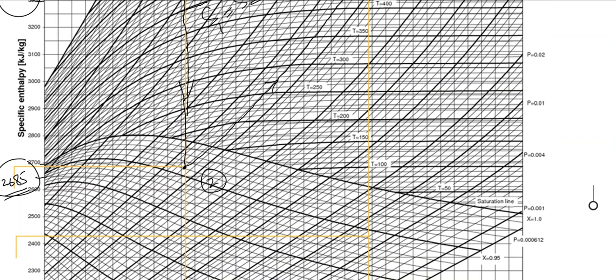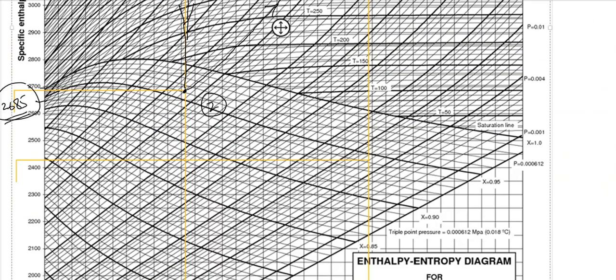When we are going from 3 to 4, it is at the condenser pressure, which is 6 kilopascal. So at 6 kilopascal, we have the entropy S3 equal to S4 over here. The condenser pressure is 0.006, meaning 6 kilopascal.